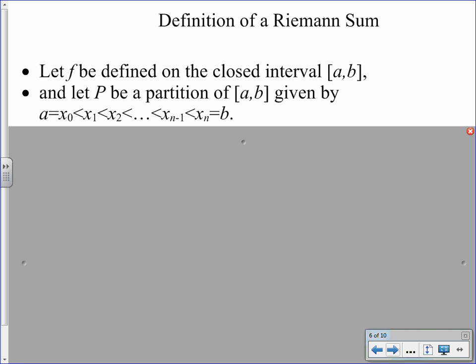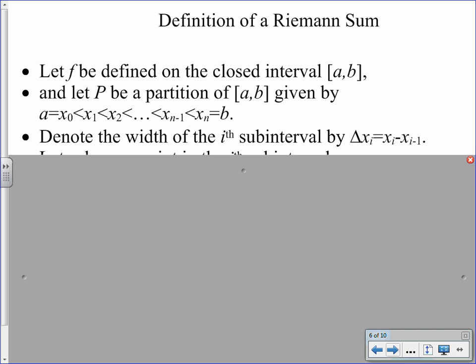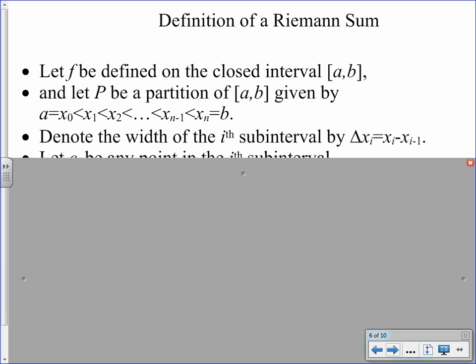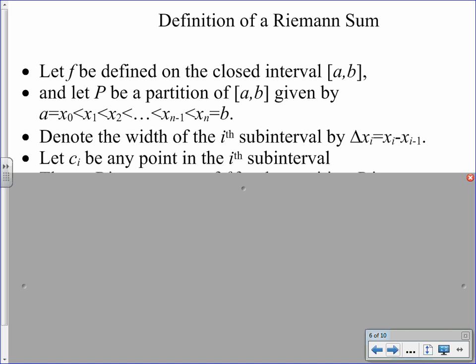infinitesimally small subintervals, pieces. So the width of these little pieces is going to be delta x i. So we're going to have all these little itty bitty delta x's. And then c is any point in that interval.